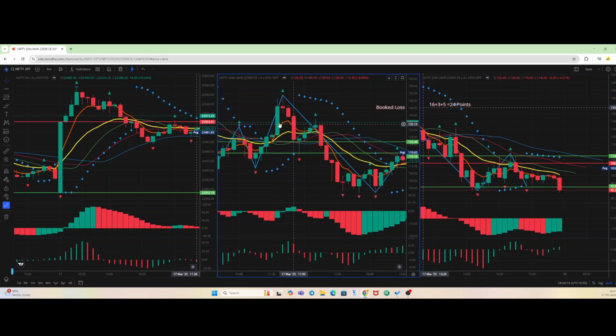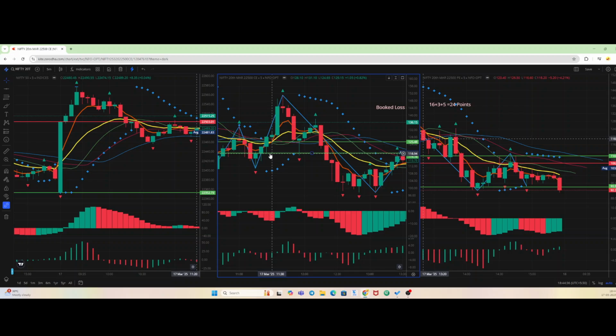This is a 5 EMA candle. Around the 22,500 CE, you can see the 1140 candle is not at all touching the EMA. Then the 1145 candle also is not touching the EMA. So ultimately the 1145 candle is the 5 EMA candle which got broken.